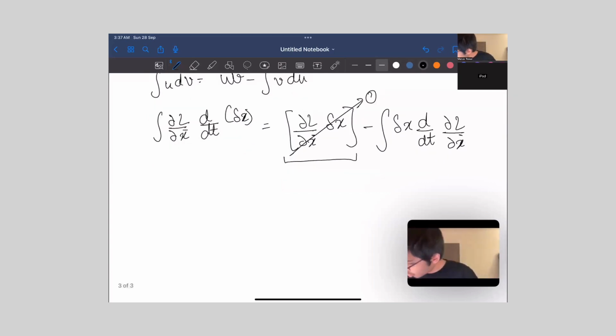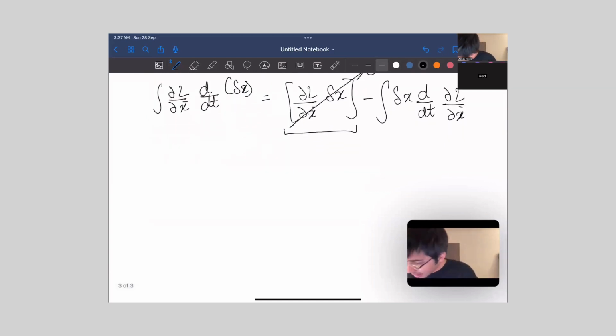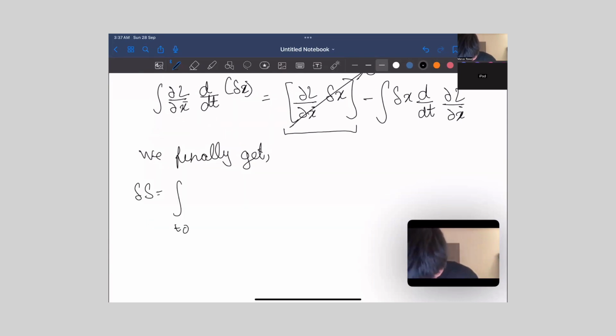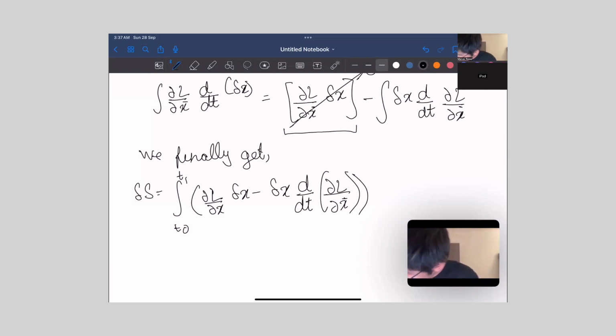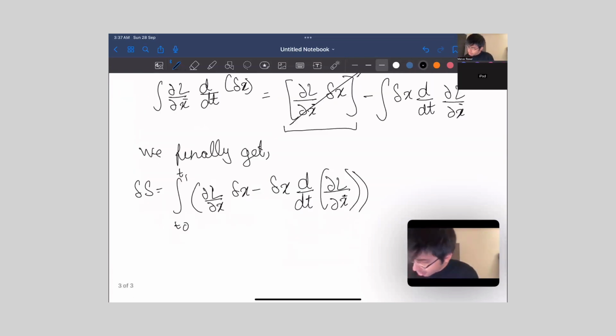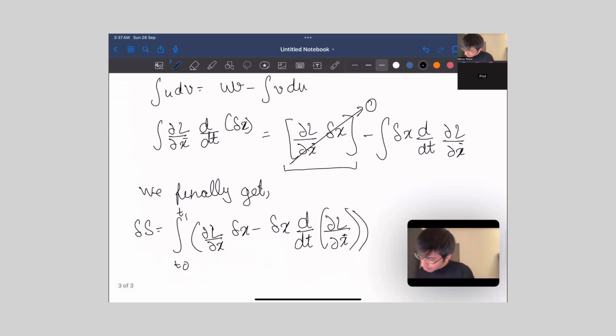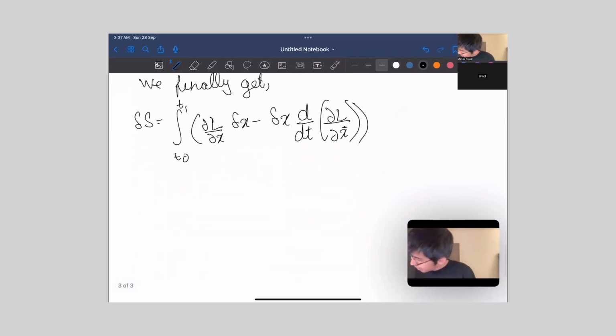But this goes to zero, so we have this term left, and we finally get delta S is the integral from T0 to T1 of delta L. Okay, so removing this, we've arrived at this term over here.